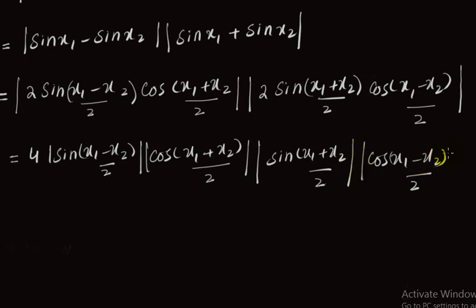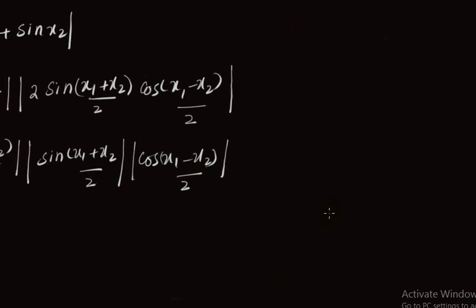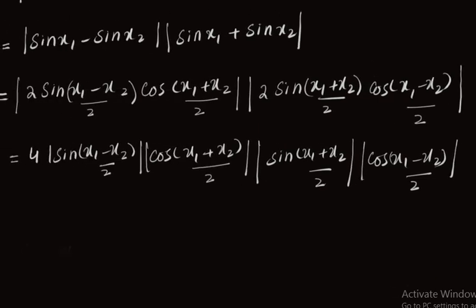The reason is, as we know, that mod of AB is equal to mod of A times mod of B.